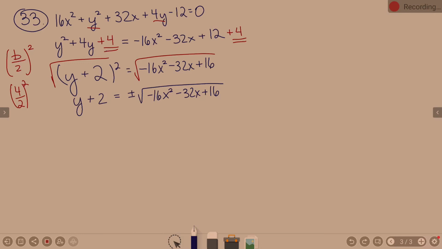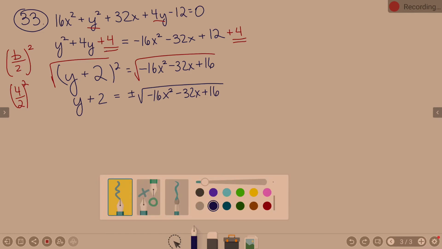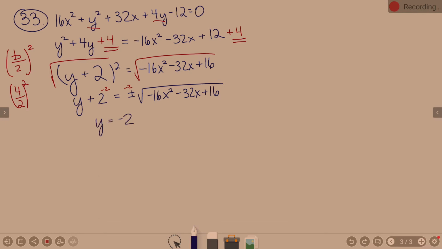And then the last step to get y by itself is to subtract 2. So y equals negative 2 plus or minus the square root of negative 16x squared minus 32x plus 16.